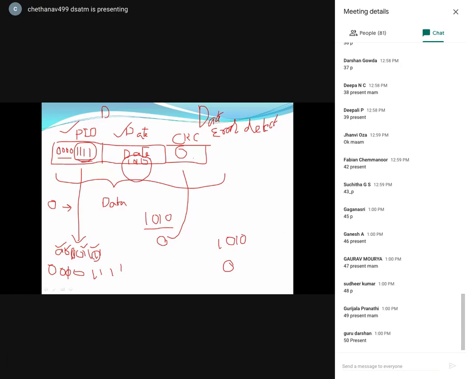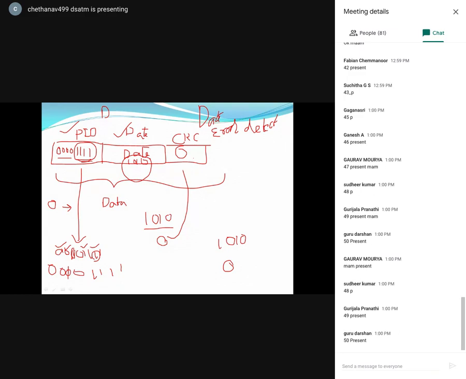Gaurav Mourya, 47, absent. Sudhir Kumar. Pranati.